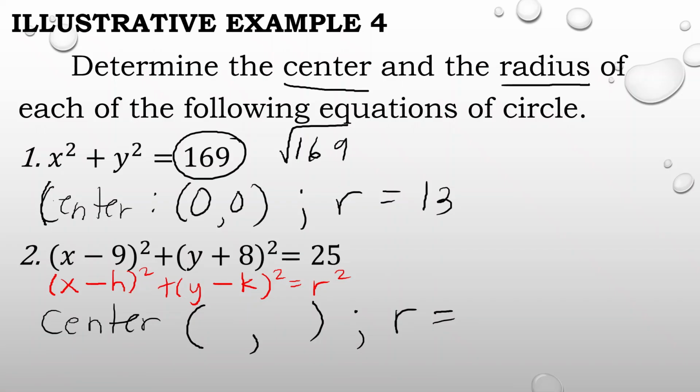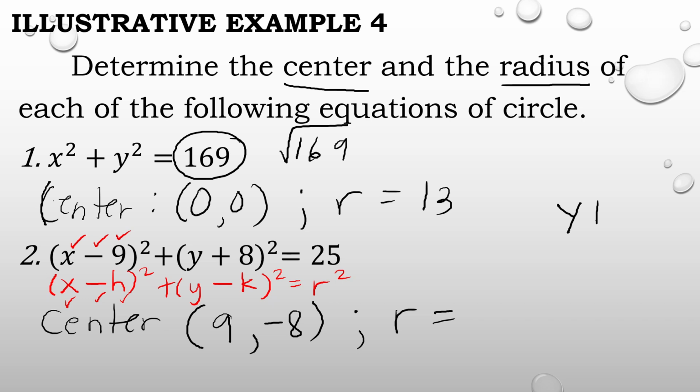here we have x minus 9, that is x minus h. Therefore, the value of h here is positive 9. Here we have y plus 8. Since we have to identify the value of k, the value of k is negative 8. To emphasize, class, why is it negative 8 and not positive 8?